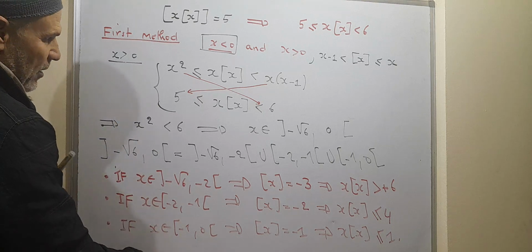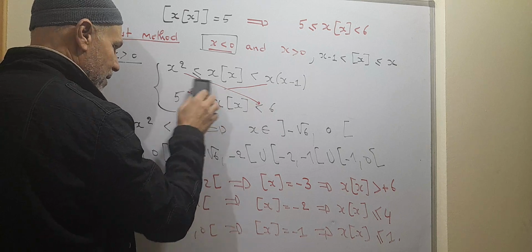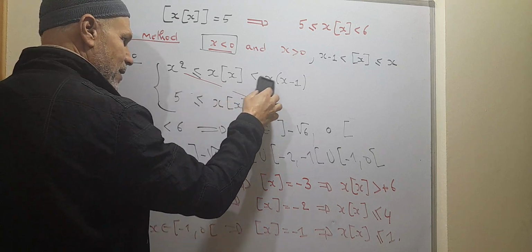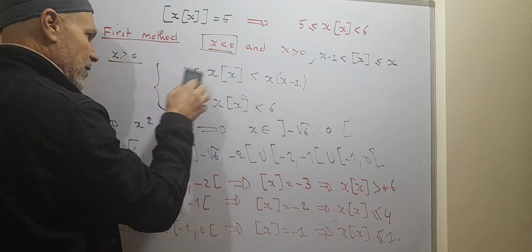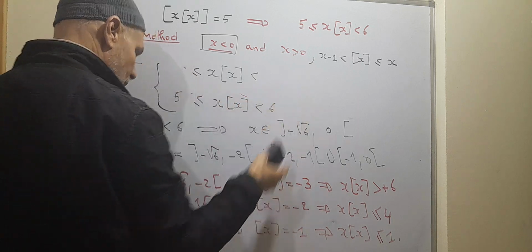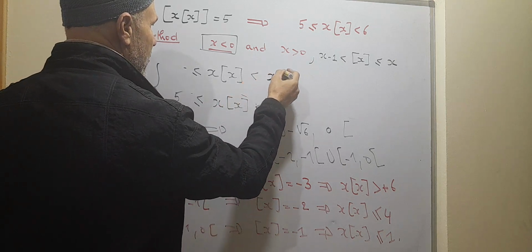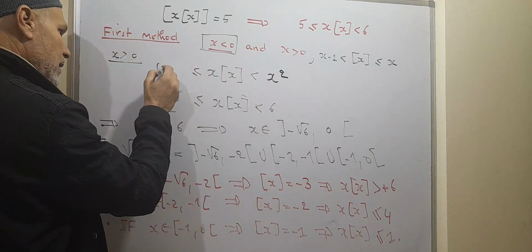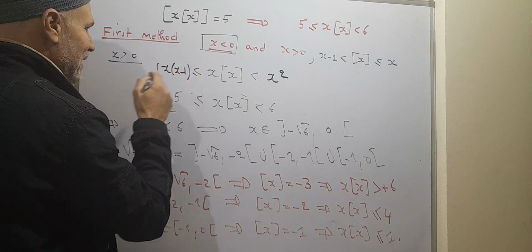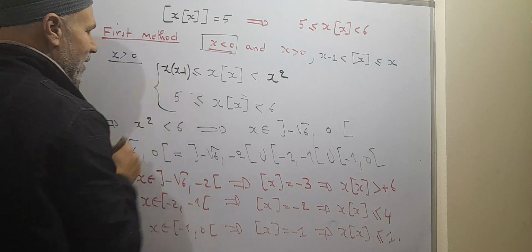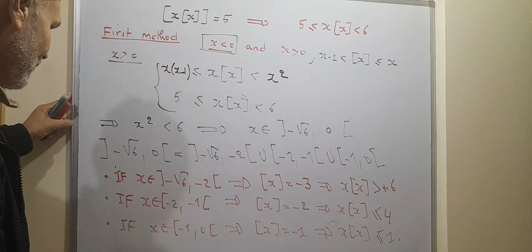This equation we will keep as it stands, but the first one will take this form: here x squared, and here x times x minus 1.